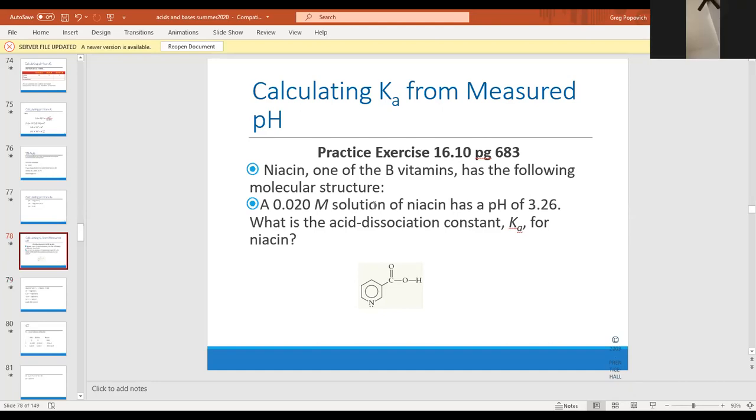How am I going to do that? By using the ice tables. No. I know what the pH is. I need to determine what my concentration is. Do you remember how to do that?